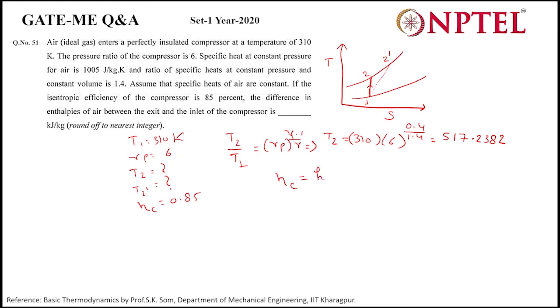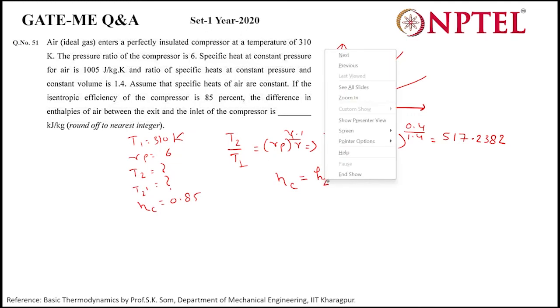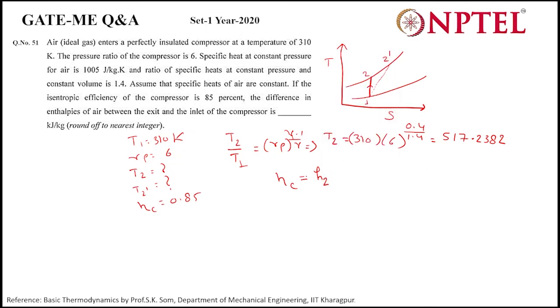The energy input for the isentropic process is H2 minus H1 divided by H2 dash minus H1.